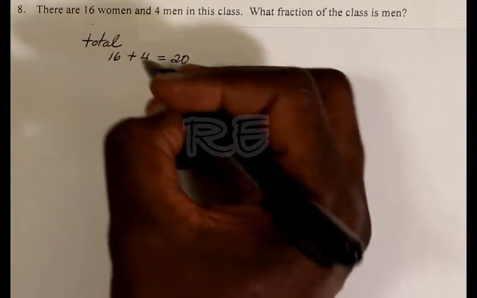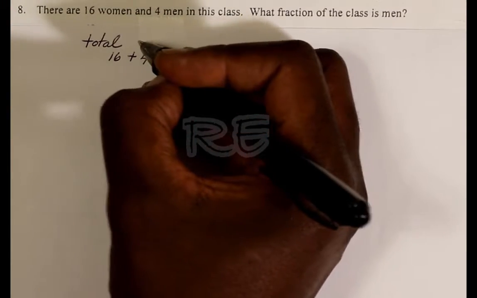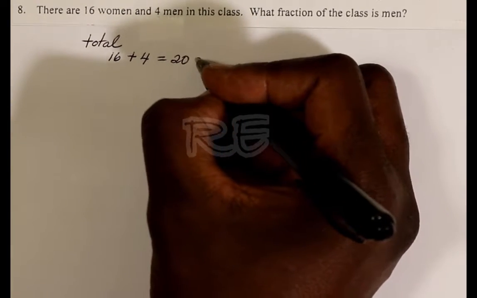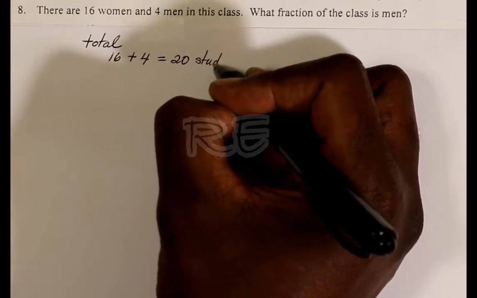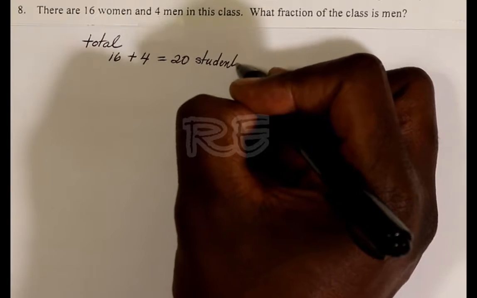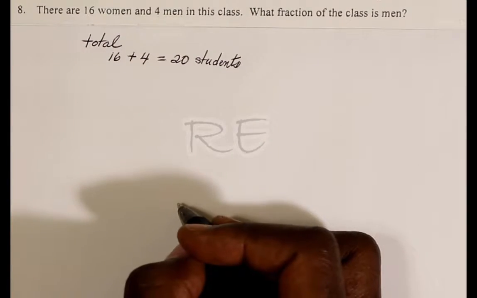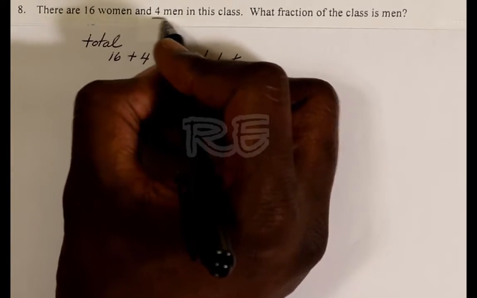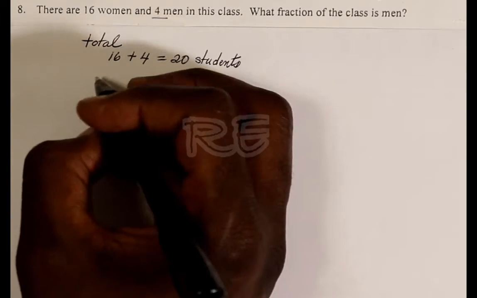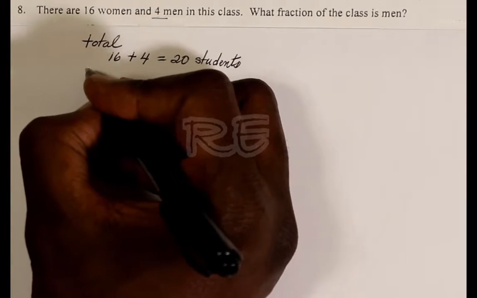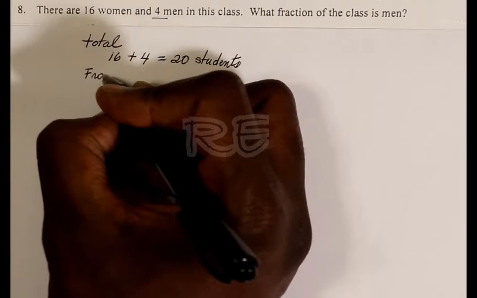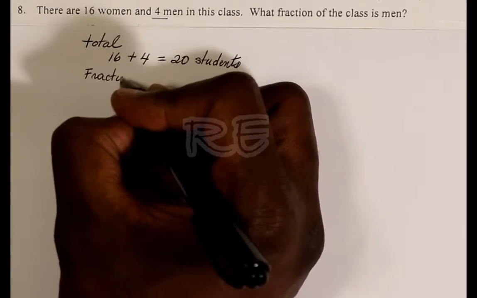Are we looking at the fraction of the class represented by men? That fraction will be the number of men divided by the total number of students. Well, the number of men is 4, and the total number of students is 20.